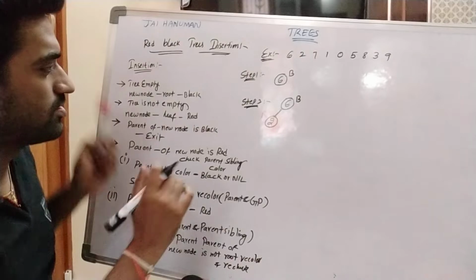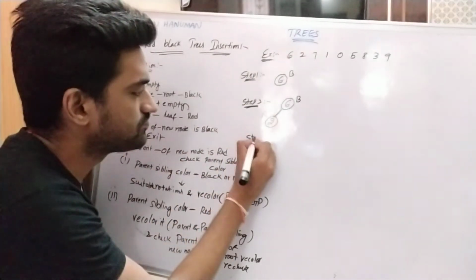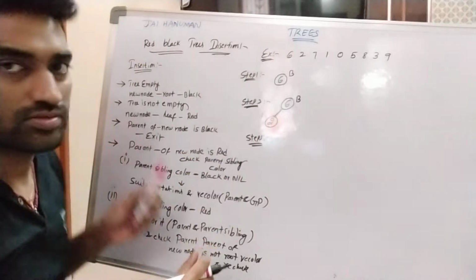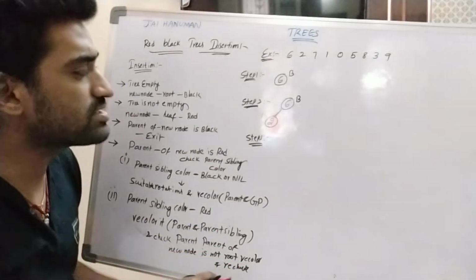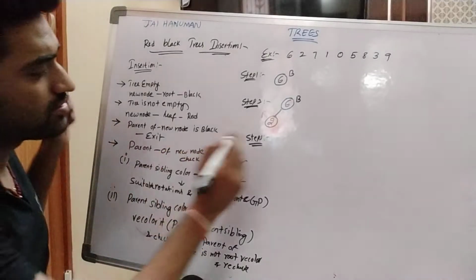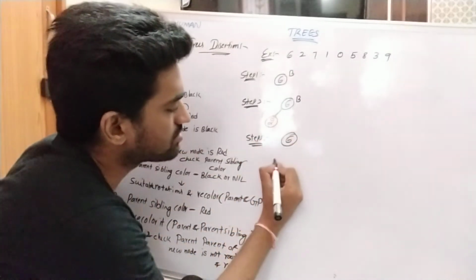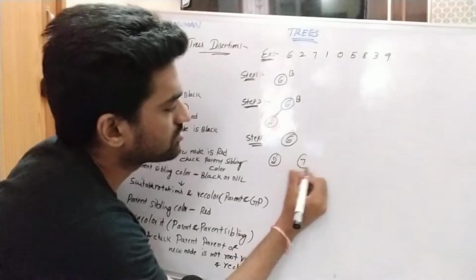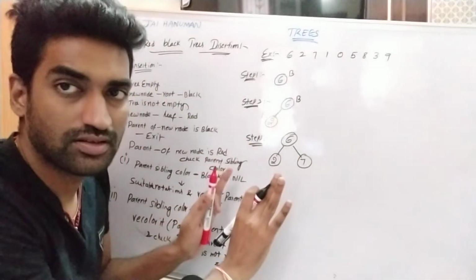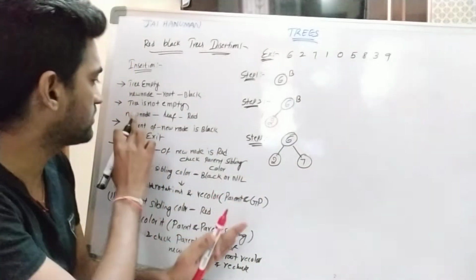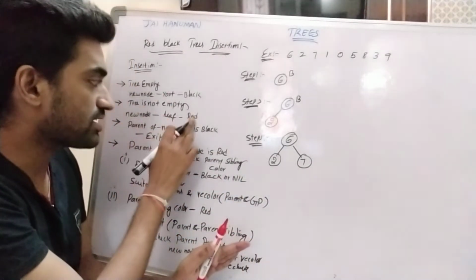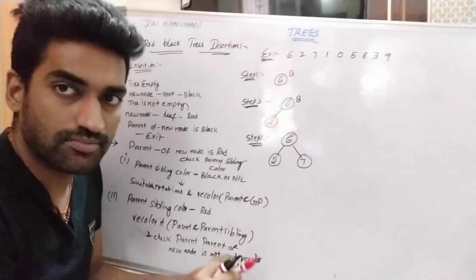So what is step 3? Here I am taking one more node, that is 7. 7 is greater than 6, so 7 is placed at the right of 6. Every time, a newly inserted node is considered a red node. This is the rule: the tree is not empty, so the new node is a leaf node that is considered red only, right?